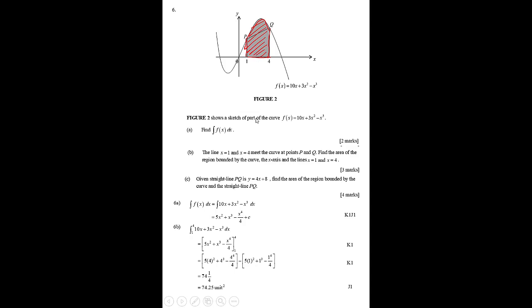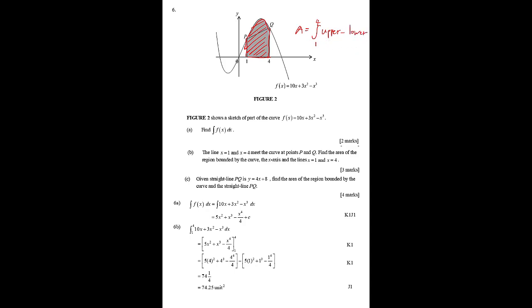Alright, so the formula for area is you need to integrate from the lower to the upper limit. So your lower limit is 1 until 4. Upper function minus the lower function.